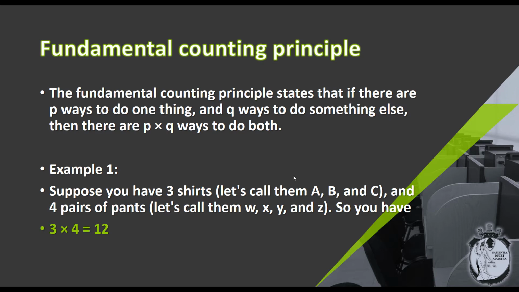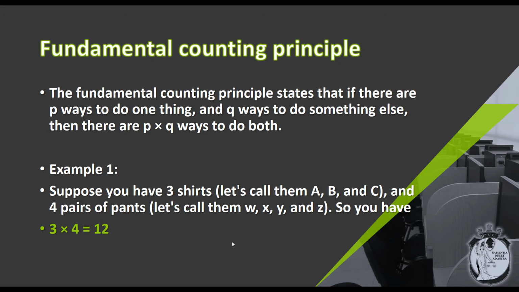When you have p ways to do one thing and q ways to do another thing, you have p times q ways to do both. For example, suppose that you have three shirts. I will use the letters A, B, and C for those shirts, and you have 4 pens.